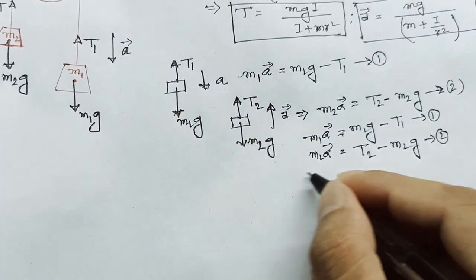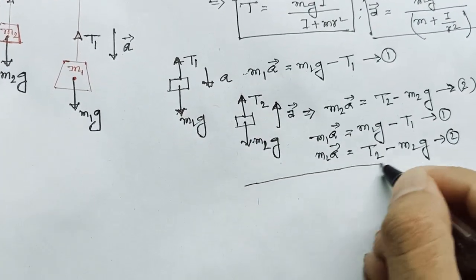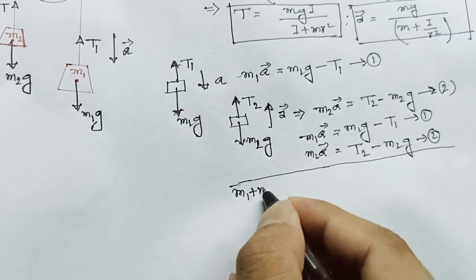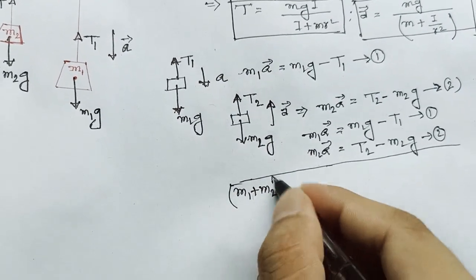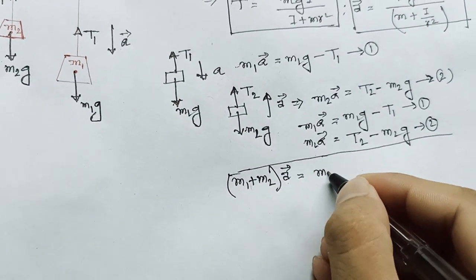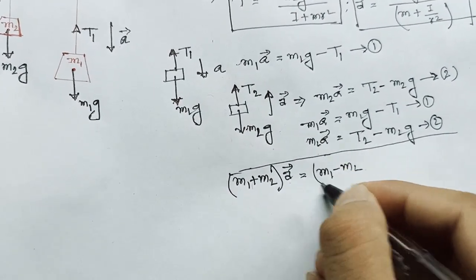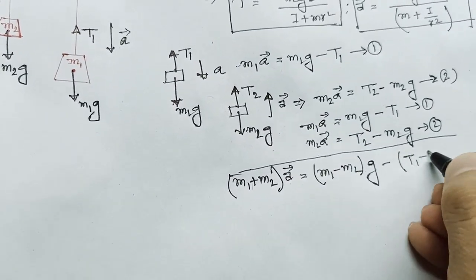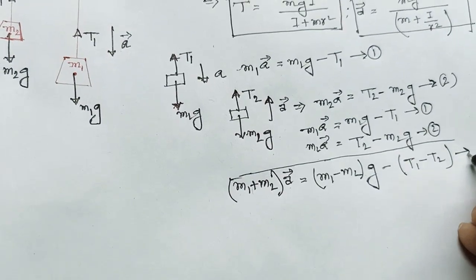After combining these two equations, we'll get m1 plus m2 into a, equal to m1 minus m2 into g minus T1 minus T2. This is our equation number 3.